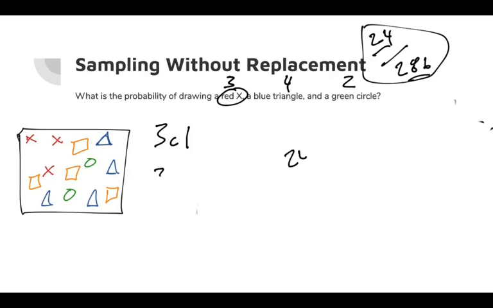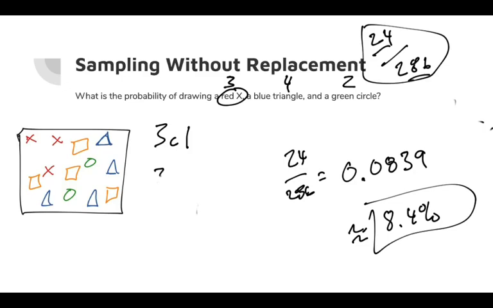And I divide those, so 24 over 286 gives me 0.0839, or that's approximately an 8.4% chance of drawing, so sampling without replacement, a red X, a blue triangle, and a green circle, again, not caring at all about the order in which these things come out of the box. So that's kind of how those problems work.